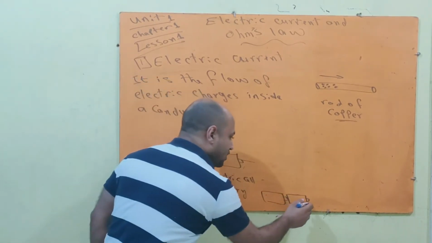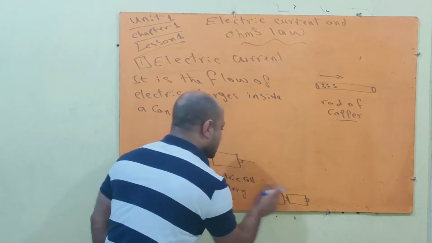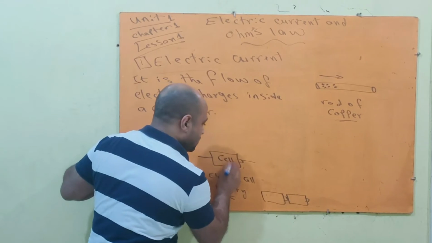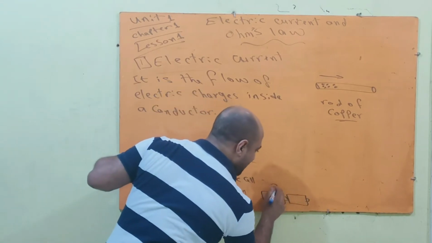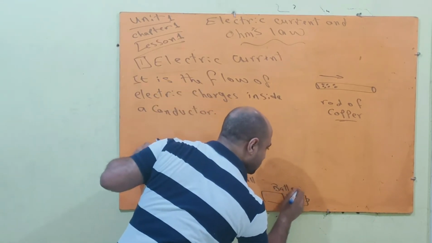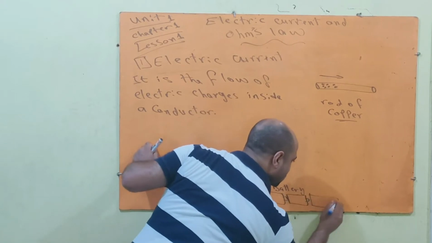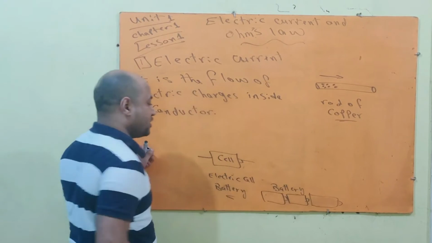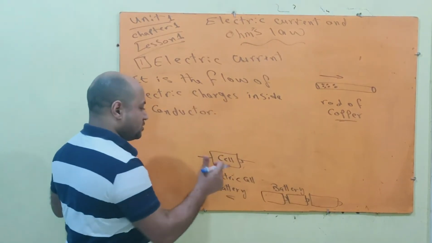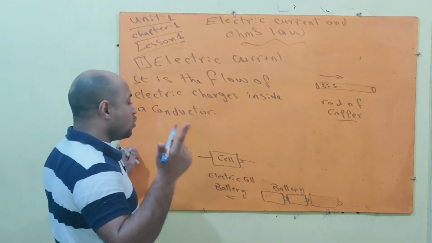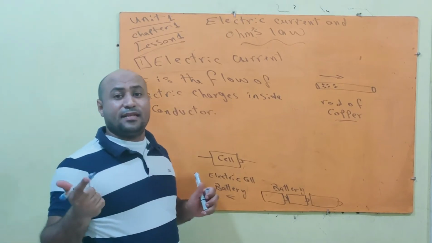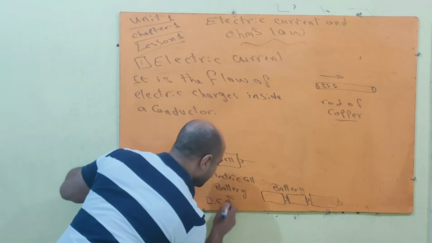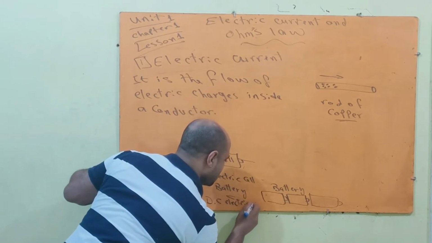So a battery may contain one cell or more than one cell; the individual part is called a cell. Okay? So we can call it electric cell, battery, or DC electric source. All of these are correct.